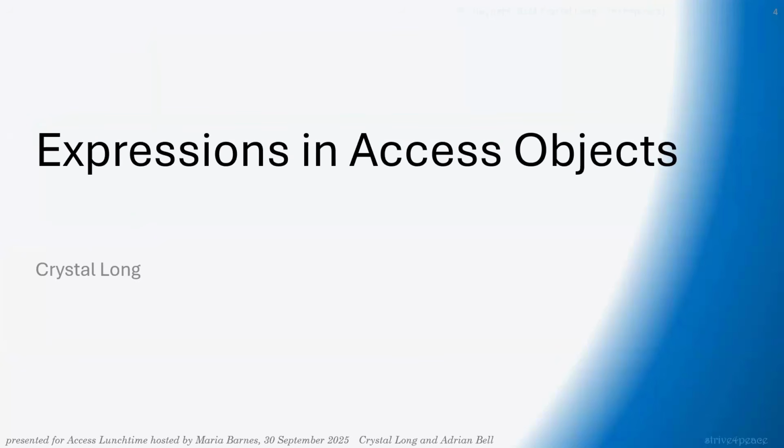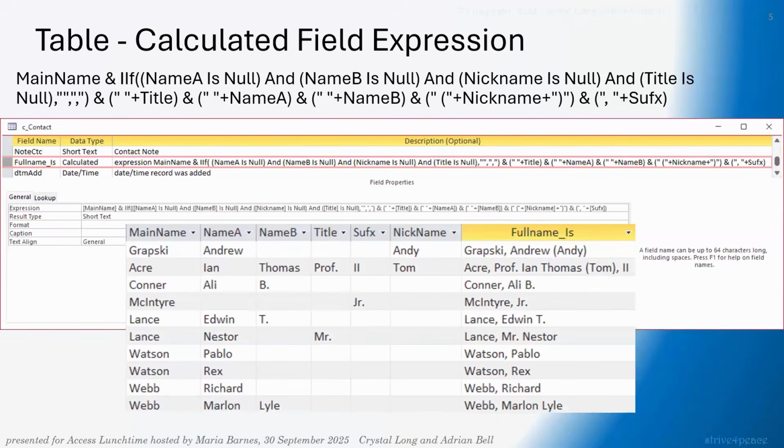So first, I'm going to just do a quick overview with slides on where you can use expressions, and then I'll do a demo. So for instance, you can use expressions in a table design. You can't use all of the functions in here, but you can use most of them.